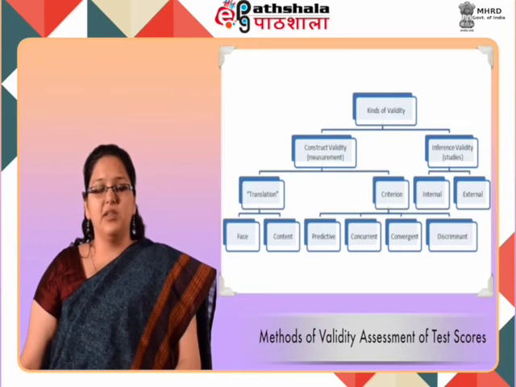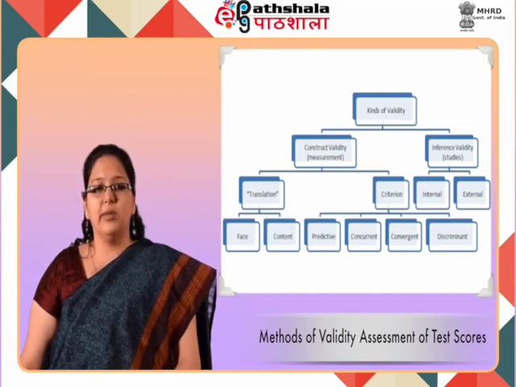Experimentally, the validity coefficient of the criterion related validity is determined by finding the correlation between the test scores and some independent criterion. Example: scores on an intelligence test can be validated against school grades or ratings by teachers and other indices of ability.